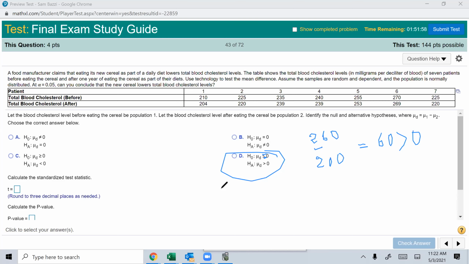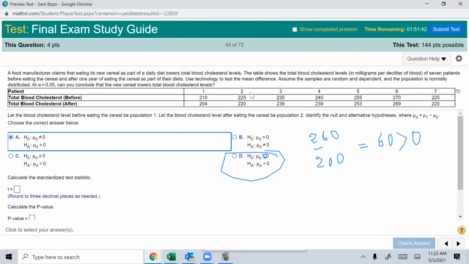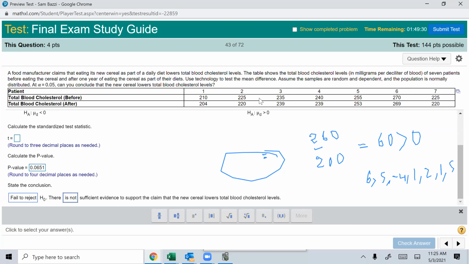So I'm going to do it using StatCrunch and on the calculator. For the calculator, guys, you go to Stat, Edit, and we're going to need to do the differences. So 210 minus 204. Let me just pause. Let me just repeat that one.